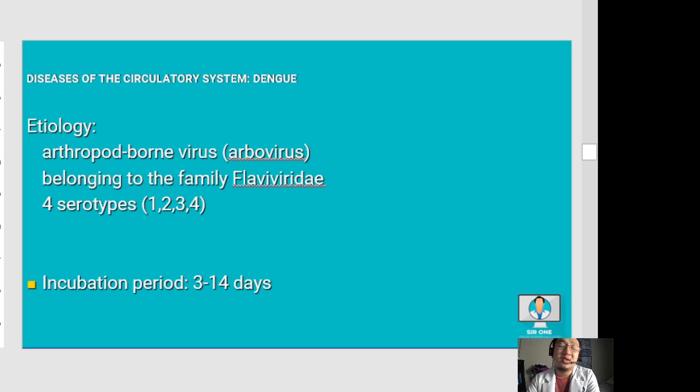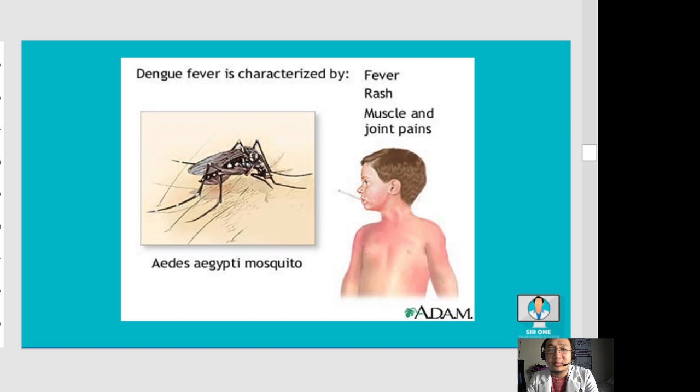Again, reminder, I suggest that you read multiple resources and choose the best answer or the average on examinations. Dengue fever is characterized by fever, rash, muscle, and joint pains usually, and the vector rather is the Aedes aegypti mosquito.